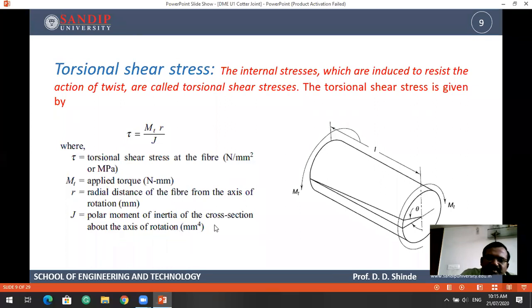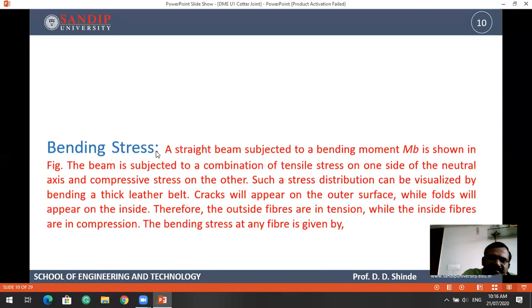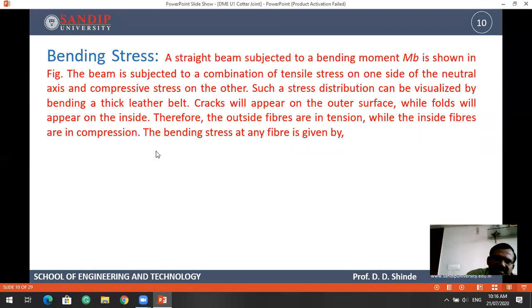J is the polar moment of inertia of the cross section about the axis of rotation, in mm raised to 4. You calculate this polar moment of inertia based on the cross section. Already you have done it in strength of materials, so we will recall this formula later on. So torsional shear stress tau equals Tr by J. Then the next type of stress developed is bending stress.